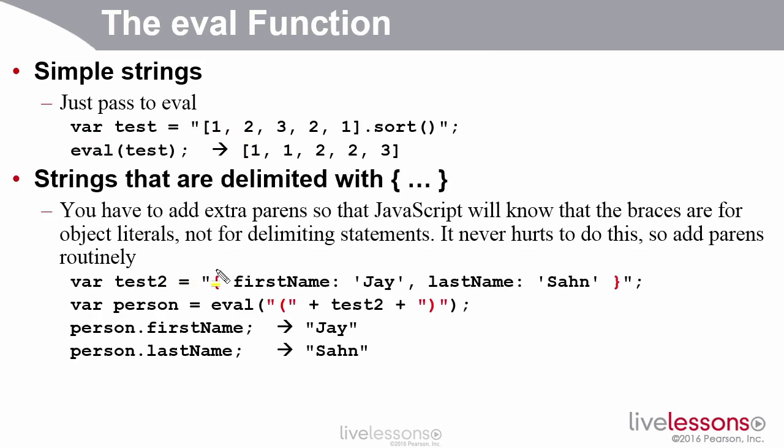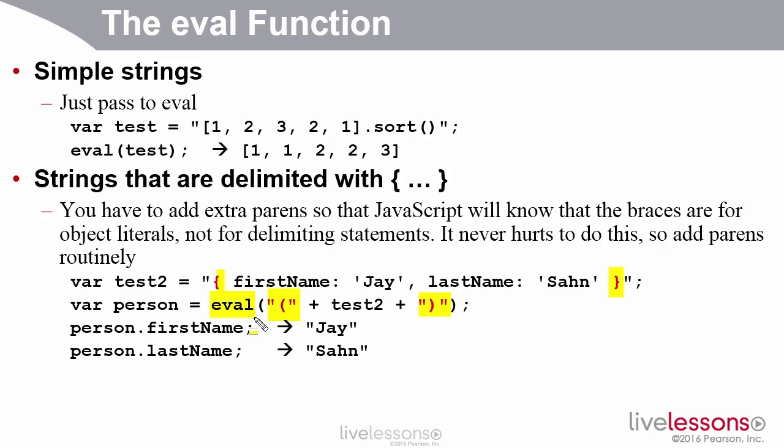If the string starts with curly braces, the JavaScript parser is going to be confused because curly braces are used in other places, like for delimiting blocks, like in an if statement or a for statement, grouping statements together. And so if you have curly braces in the string, eval won't know that you really mean an object literal. It might think that you're trying to delimit statements. So you have to stick parentheses around it first and then eval it.